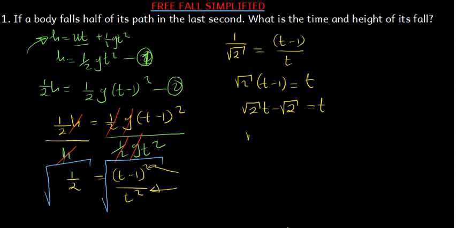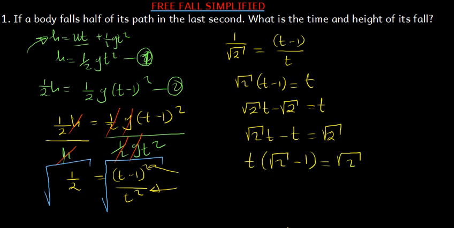That gives us root of 2t minus t is equal to root of 2. I can factorize out a t, so I remain with t times root 2 minus 1 is equal to root 2. So t is going to be root 2 divided by root 2 minus 1.